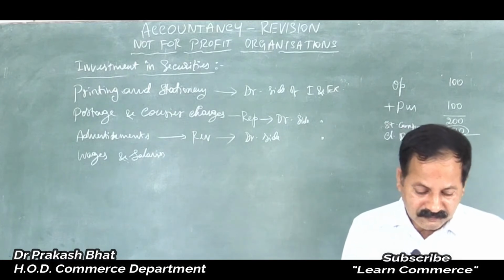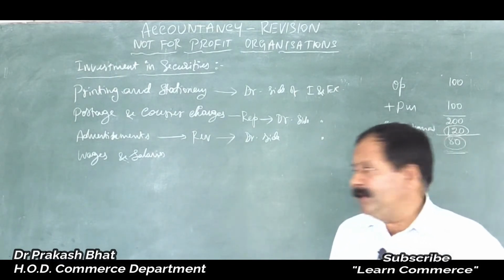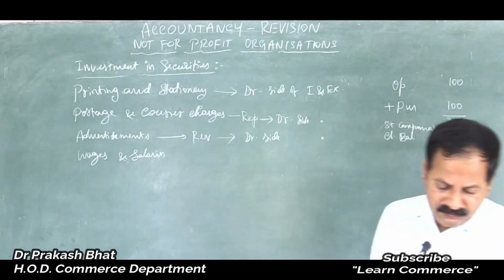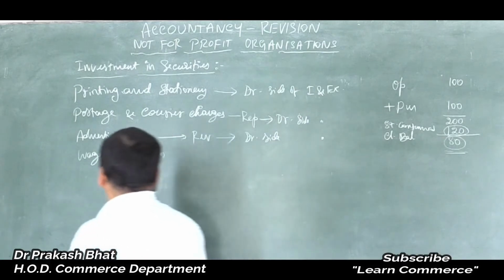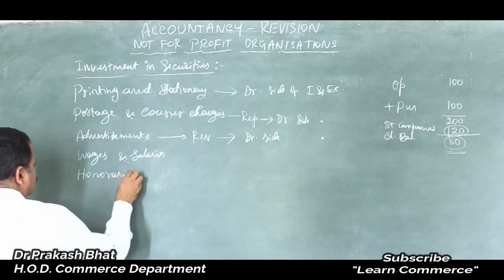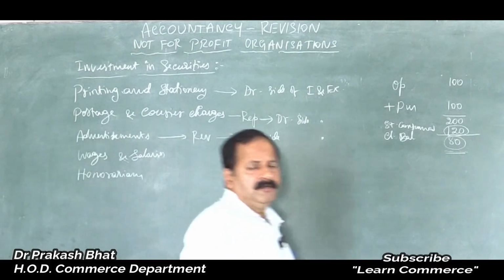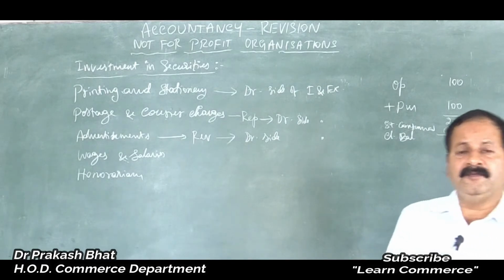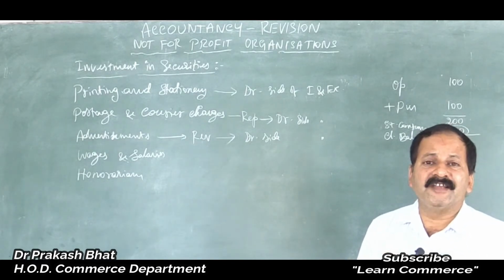Then honorarium. What do you mean by honorarium? Honorarium means it is like a payment of some ad hoc amount, a lump sum amount to a person for his services.